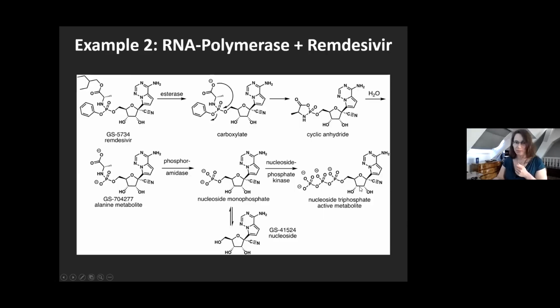Turns out it's metabolized in a rather complicated process, ending up with something like this, which looks a lot more like adenosine to me. So this is the reason why remdesivir doesn't look like adenosine. And it kind of reassured me to see this as a chemist.